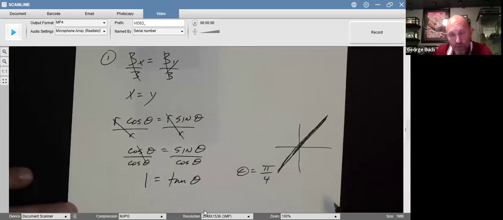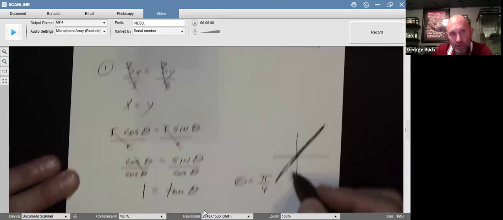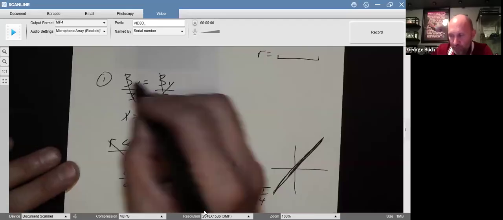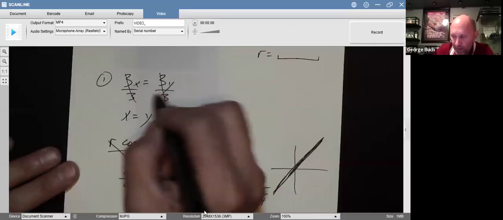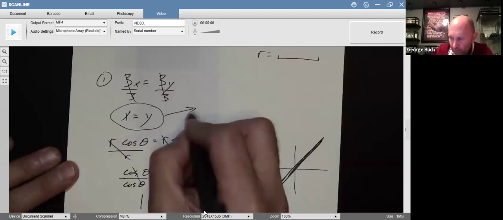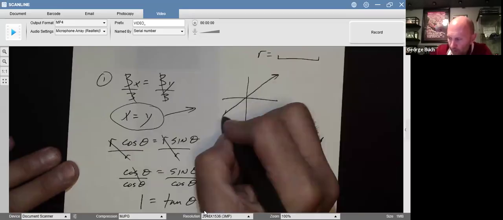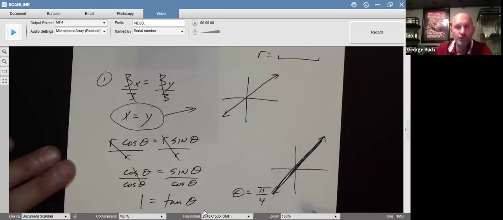Well, this should generate the same picture as what I started with originally, which was 3x equals 3y. If I cancel the 3's, I get y equals x, and y equals x is the 45-degree line that goes through the origin.